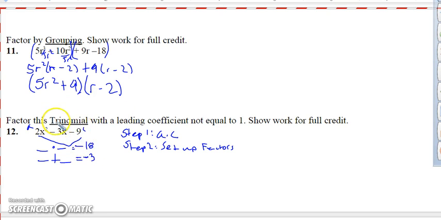Instead of it being the factors of just C, it's the factors of A times C. Well, 6 times 3, we can get 18 and 3 out of that, but one of these needs to be negative. Since this is a negative number here, the bigger number needs to be negative. Negative 6 times 3 is negative 18. Negative 6 plus 3 is negative 3. So, we go on to step 3: break up the B term.